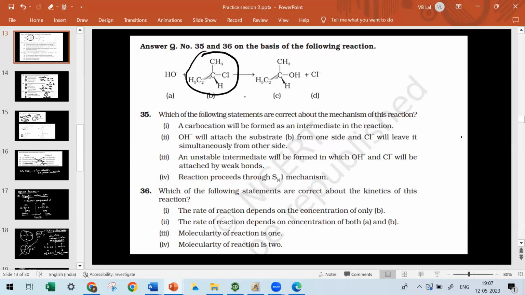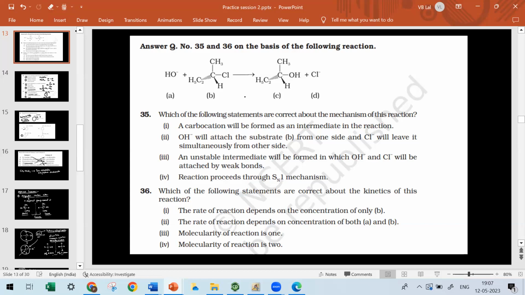The solid line shows the bond coming above the paper, and the dotted line shows the part of the bond going below the paper. This is how you sometimes draw it. This is a Fischer projection.